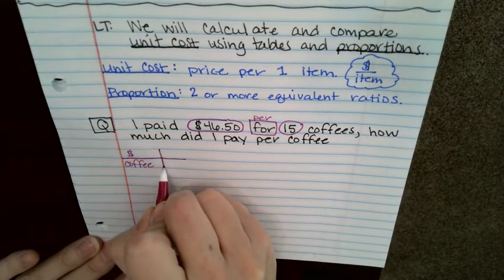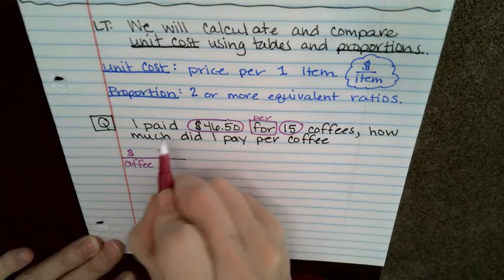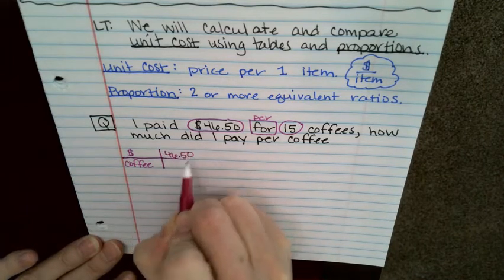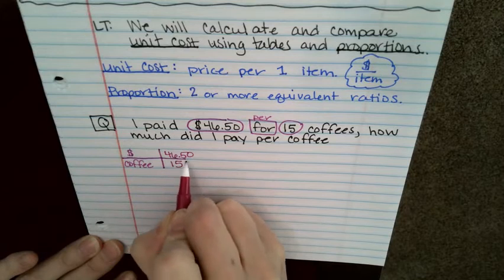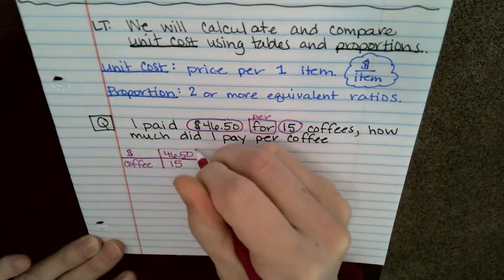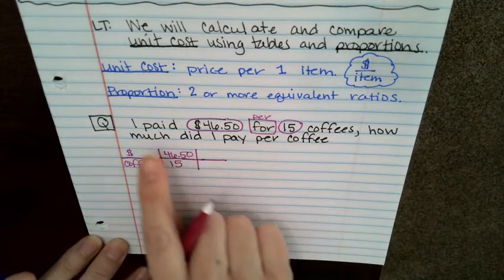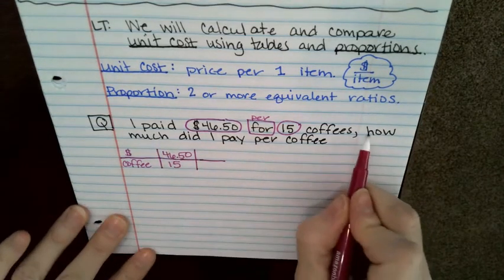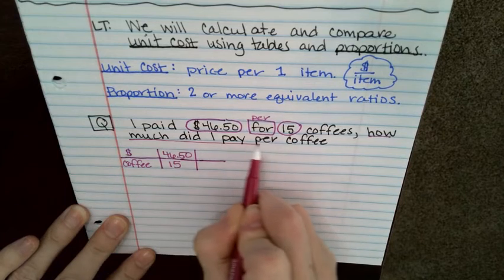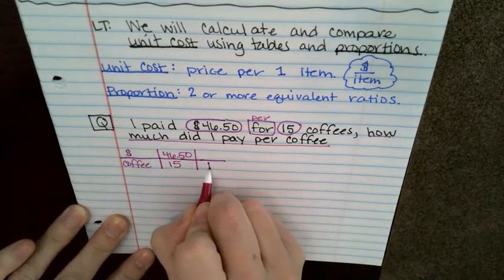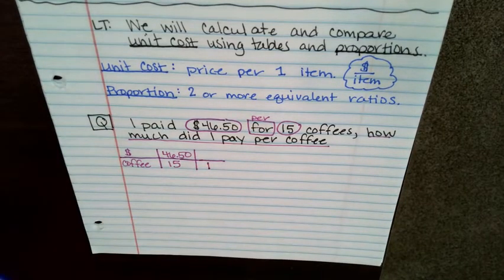Okay, so then the next thing I'm going to do is enter my $46.50 for 15 coffees in a table. I don't have anything else, but I wanted to know how much I paid per coffee, or for one coffee. So that is what I know.